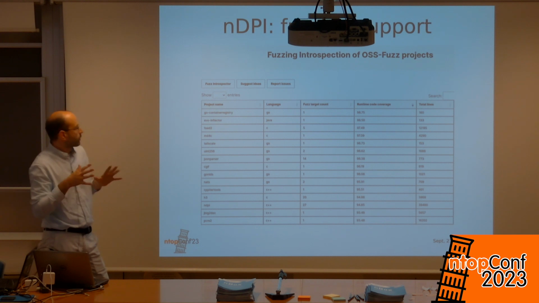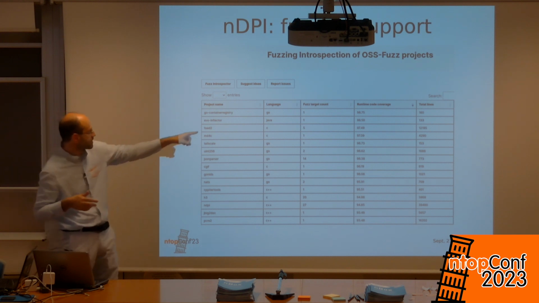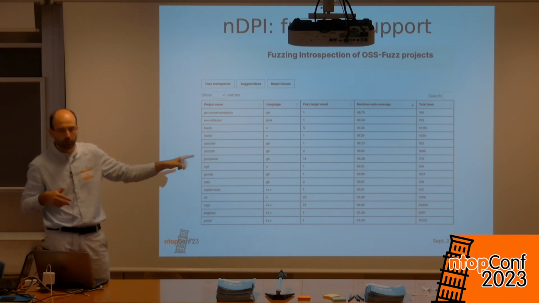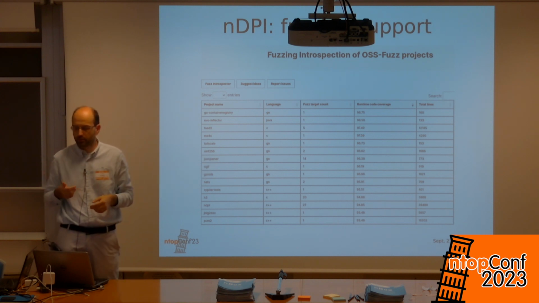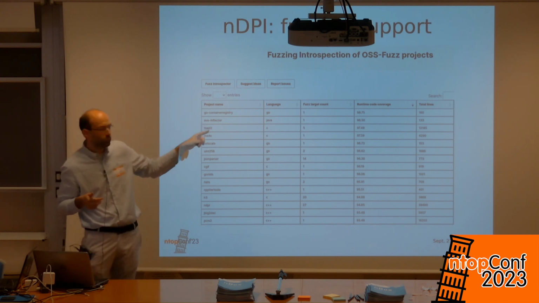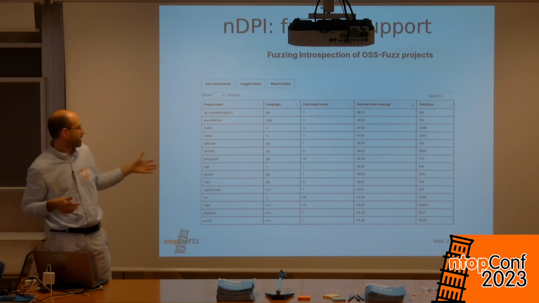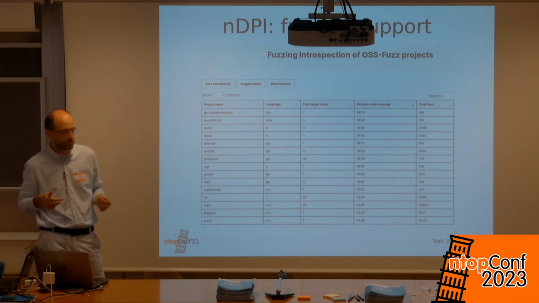It's quite complex to compare different projects because you have projects with 100 lines of code, and others with 4 or 5 million lines of code. Let's think of Wireshark, for example. But according to that metric, nDPI is basically in the top 10 out of more than 1,000 projects.